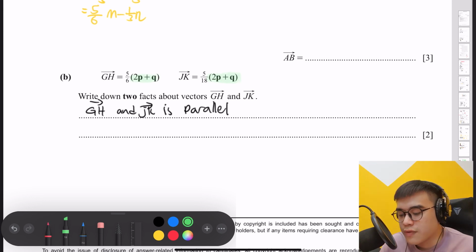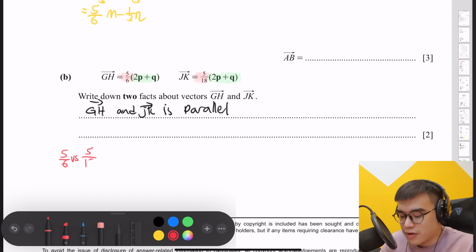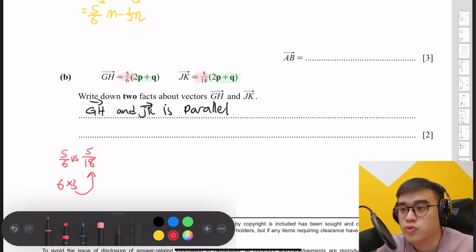If you divide GH by 3, you will get JK's value, which means GH is 3 times JK, or you can say that JK is 1/3 of GH. So these are the little things about vectors that you need to know.